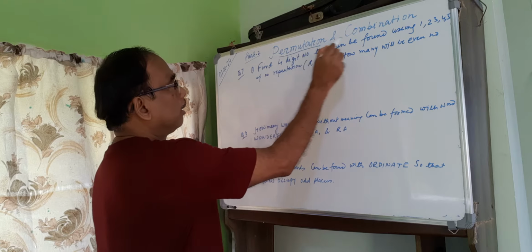Next, sum number 11. How many ways can the letters of the word MAGIC be arranged, taking all the letters at a time?